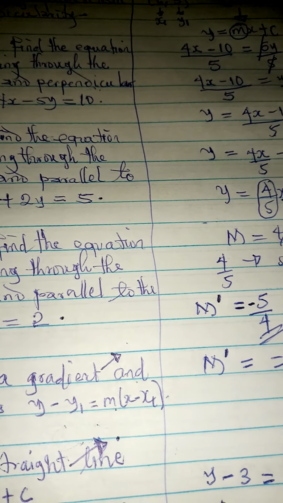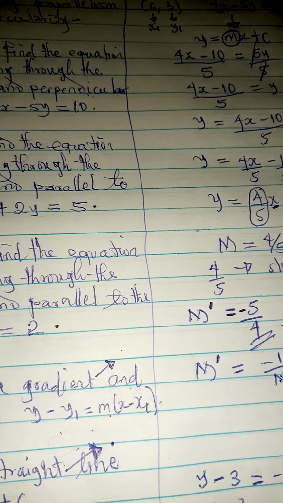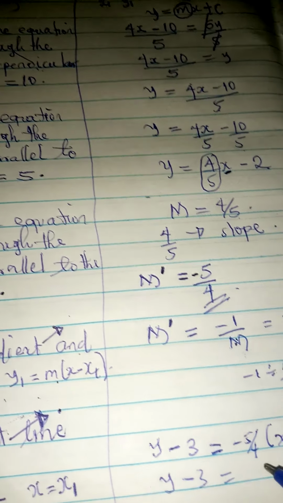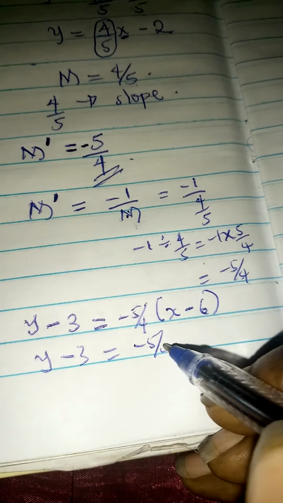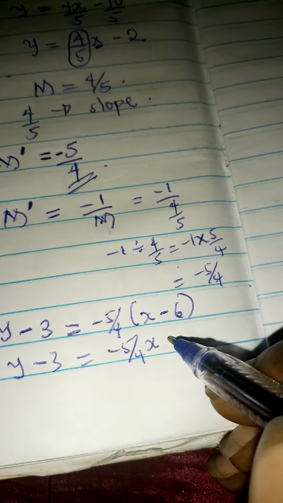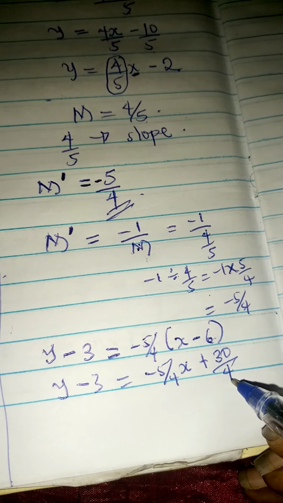So from there I can say y minus 3 equals minus 5 over 4. I can use this number to multiply the one inside the bracket. So minus 5 over 4 times x is minus 5 over 4x. Then minus 5 over 4 times minus 6 will be plus 5 times 6, which is 30 over 4.